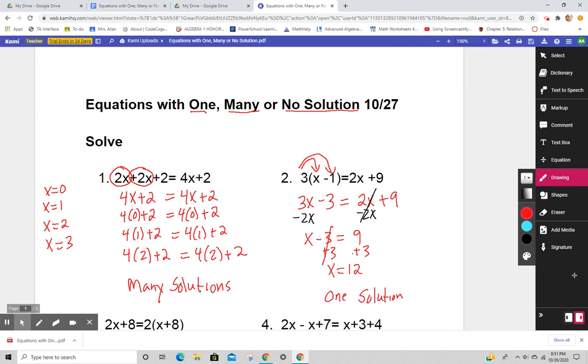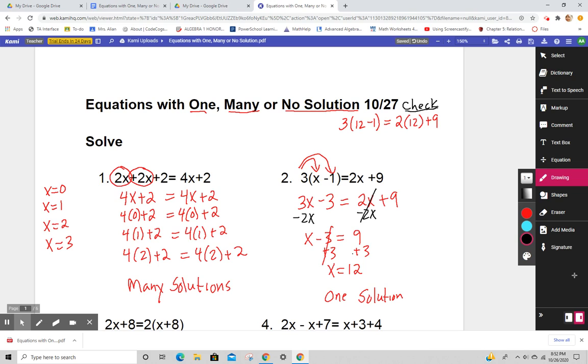Let's check and see if our answer is correct. So I'm going to go over here and replace x with 12, since the answer for x, we claim it to be 12. 12 minus 1 equals 2 times 12 plus 9. We're just checking our answer to see that we didn't make any mistakes.